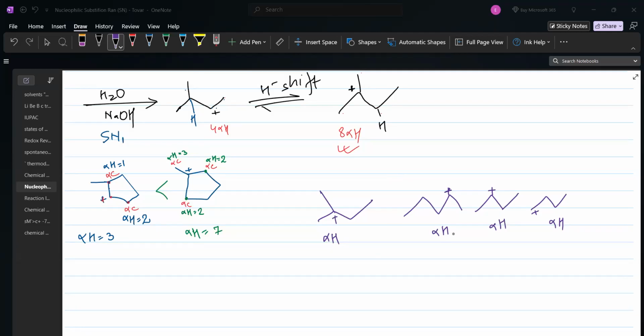In this 1, 2, 3, 4 order, just message me how many alpha hydrogens you can calculate. This is hyperconjugation effect which we are studying. Amna, Taha, please send me the answer. You can be wrong, no problem. But if you don't send the answer, you don't try, then that will be a problem for you.